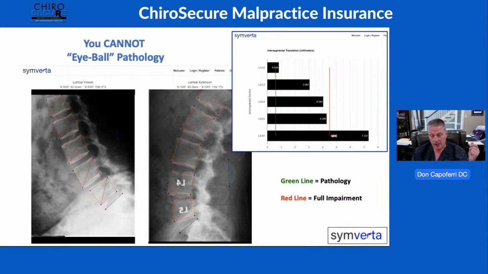So actually, the biomechanical pathology is worse at L5 than it is at L4, which is why we say you cannot eyeball this. I have seen radiology reports on MRI that say no indication of ligamentous instability.